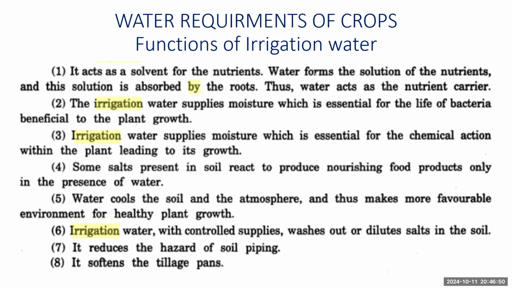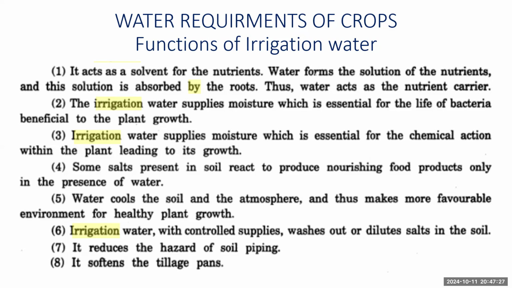The second function of irrigation water is that it supplies moisture, which is essential for the life of bacteria beneficial to plant growth. The soil contains bacteria and they need moisture for their growth. These bacteria are helpful for plant growth. Irrigation water supplies moisture, which is also essential for the chemical action within the plant.